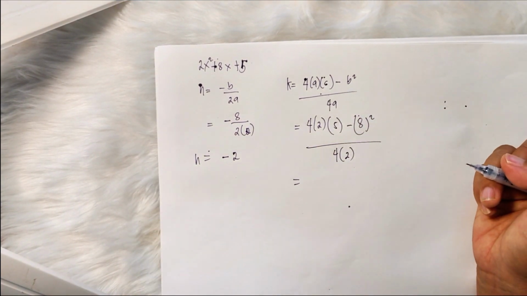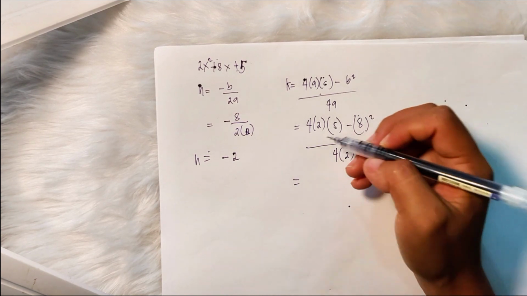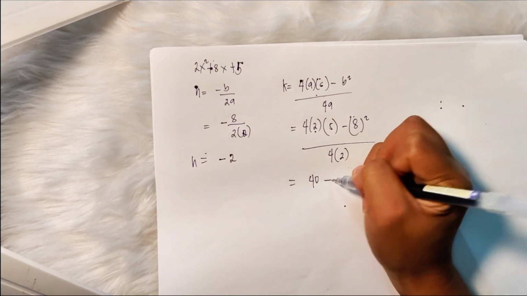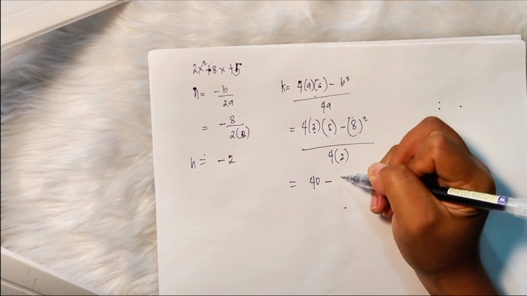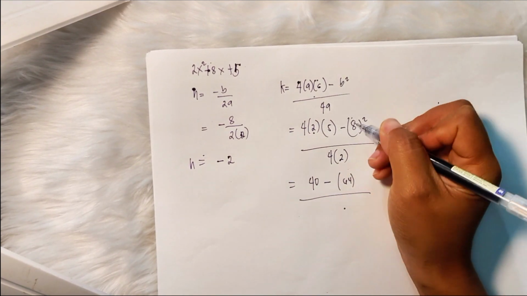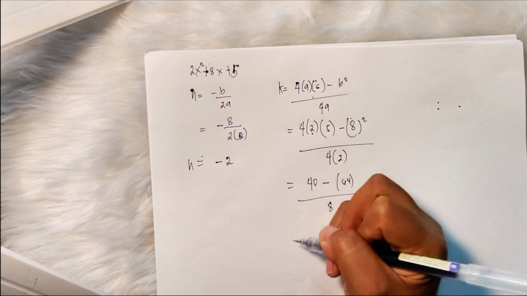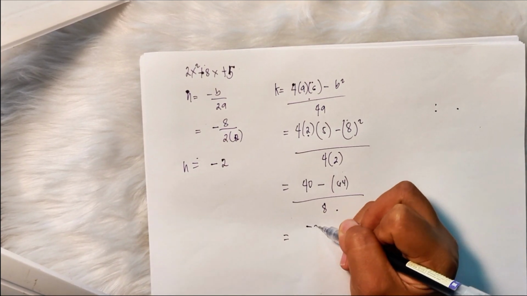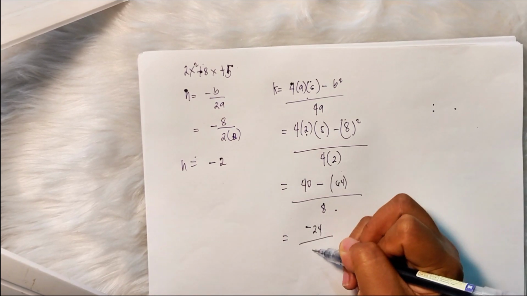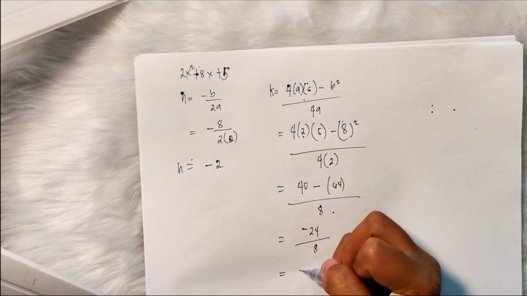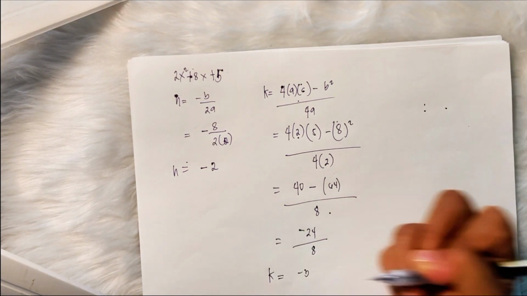So 4 times 2 is 8, times 5, we have 40, minus 64, divided by 8. So we have 40 minus 64, negative 24, divided by 8. We have the answer, negative 3. So therefore, our k here is negative 3.